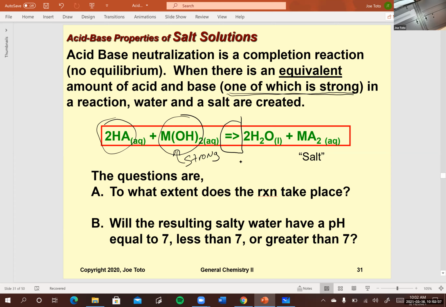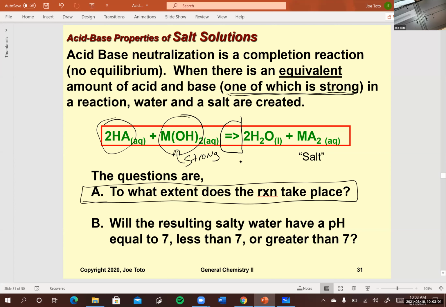And you might be wondering why it is, and that's why I put, to what extent does this reaction take place. And we're going to argue that this type of reaction goes all the way. So there's no equilibrium here.